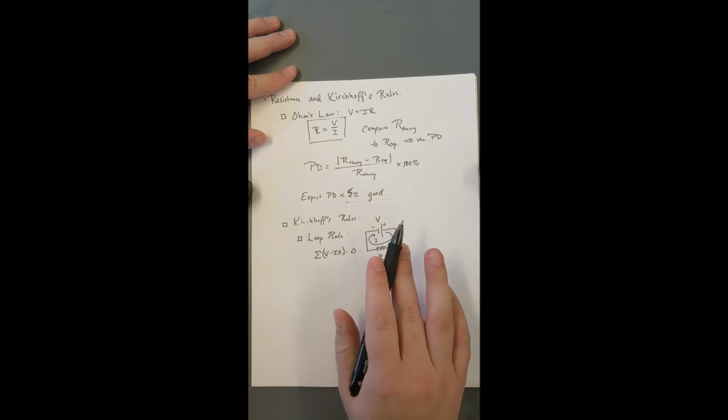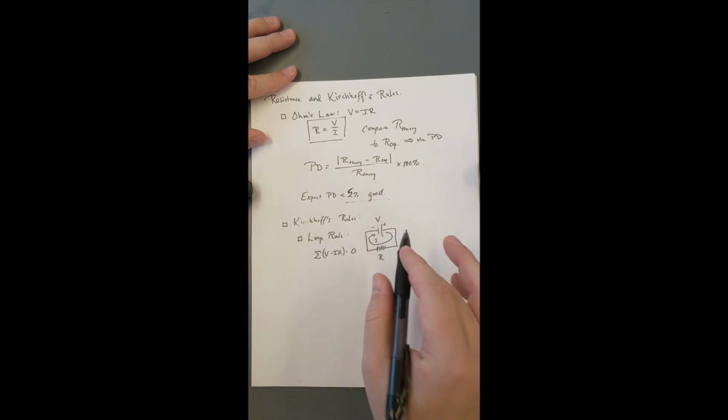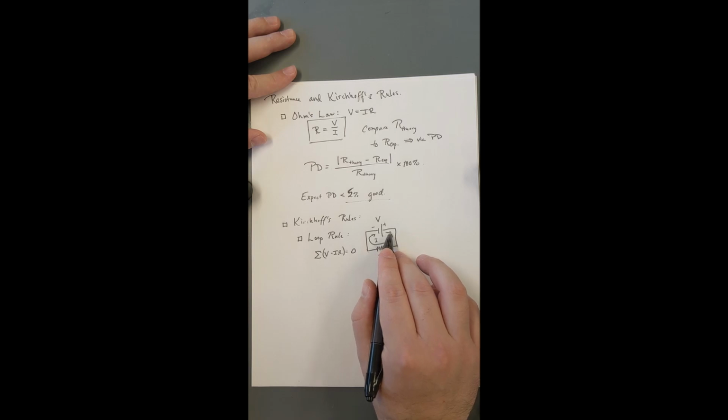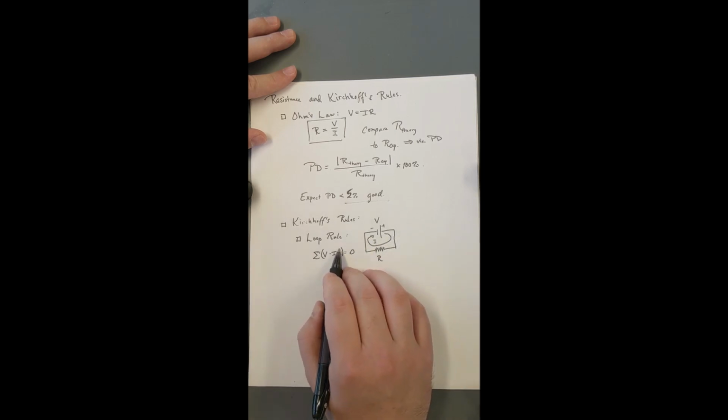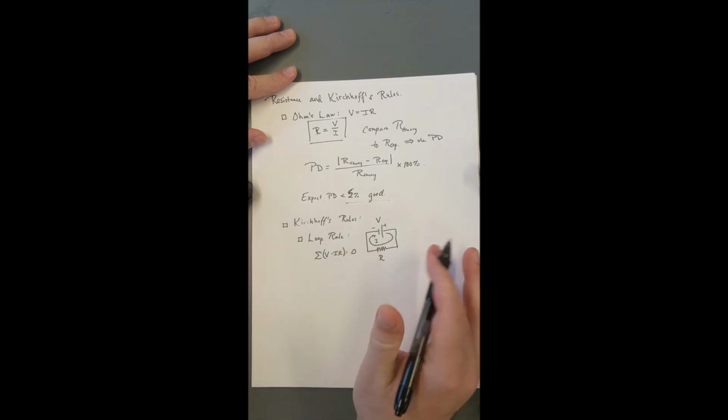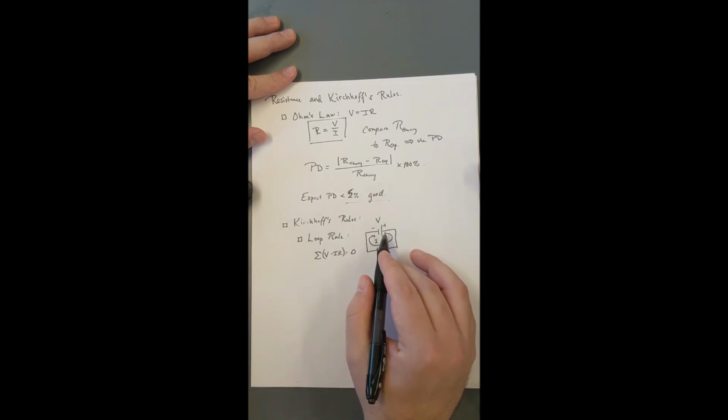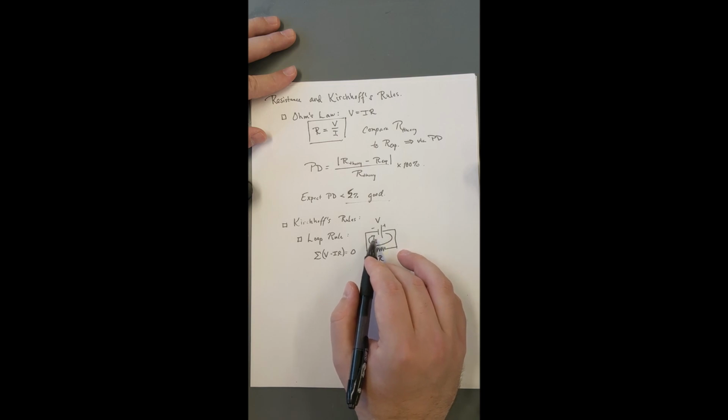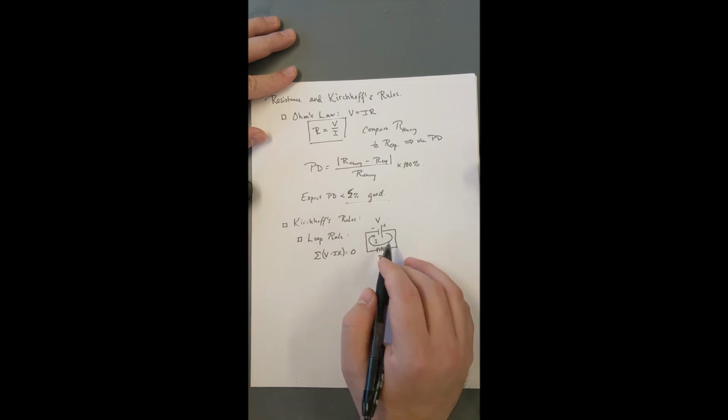And just to add another caveat in this, depending on how you define your loops, these resistors can be considered a voltage rise, depending on whether or not you define your loop in the same direction as the current or in the opposite direction.